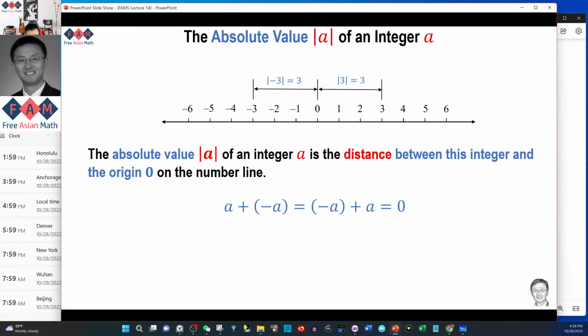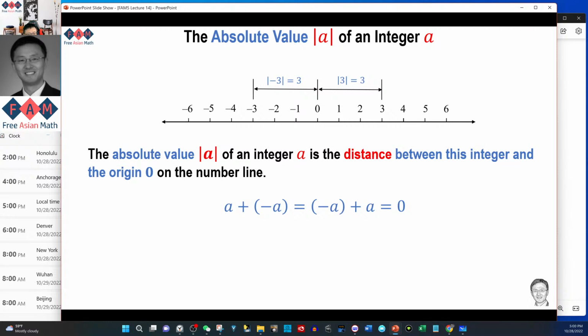So if you're on the right-hand side of 0, it's the distance between your point and 0. The same thing if you're on the left-hand side. And it's a distance, so it's always positive. We don't have a negative distance unless we define that. But here we define distance, of course, as you would understand it in English, as something that is positive. It's really the distance.